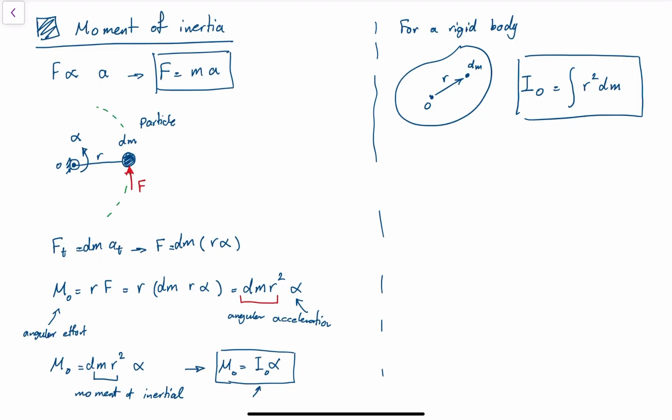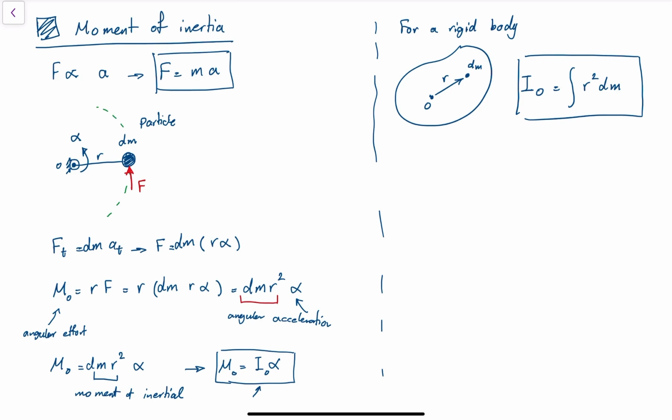But for now it's enough to say that moment of inertia is the rotational effect of all the inertias in a body.